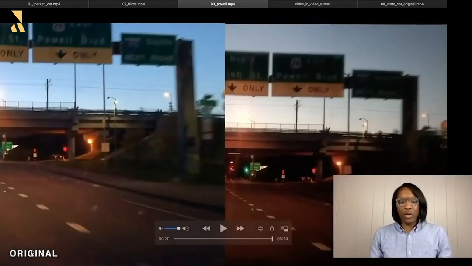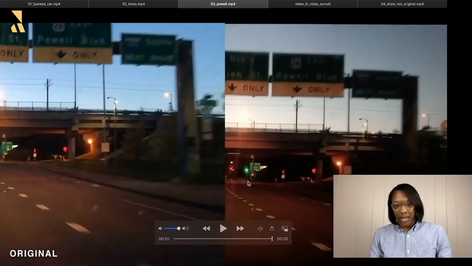The other thing you can notice is that the skew is off. You can see the road is turning this angle in the original footage, and in this footage it's turning this angle. We'll talk a little bit about that later.